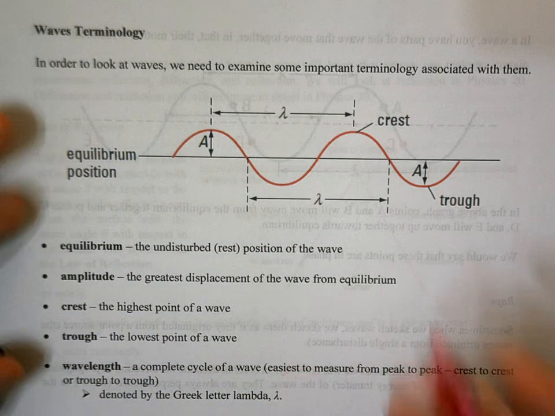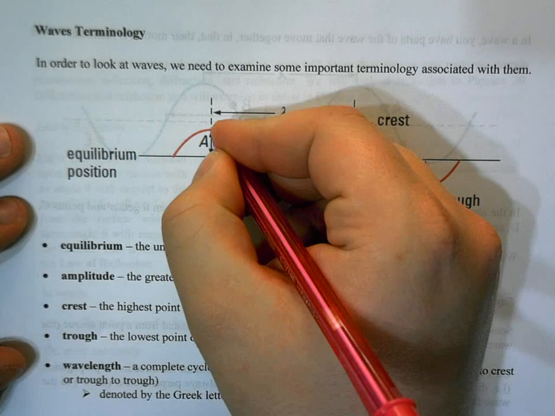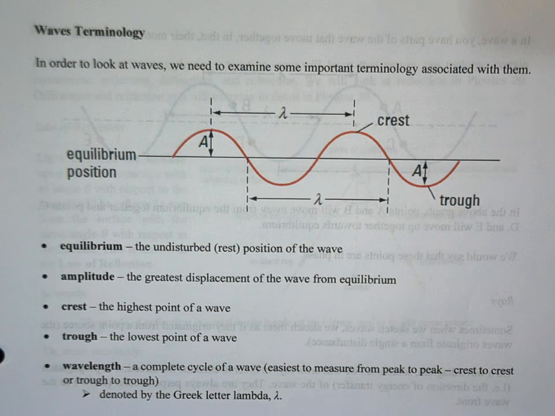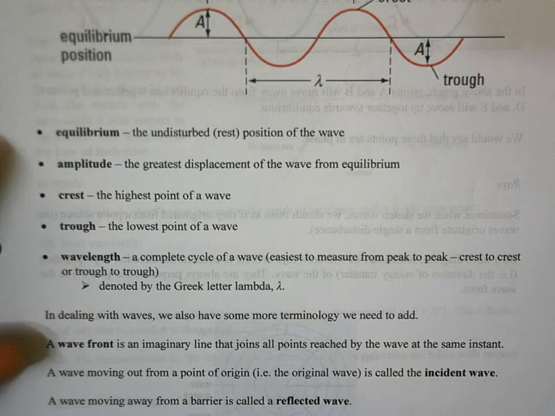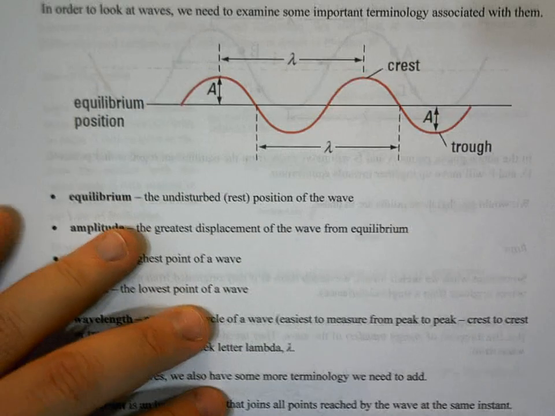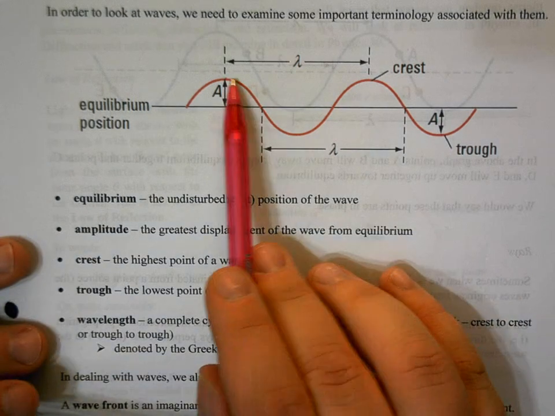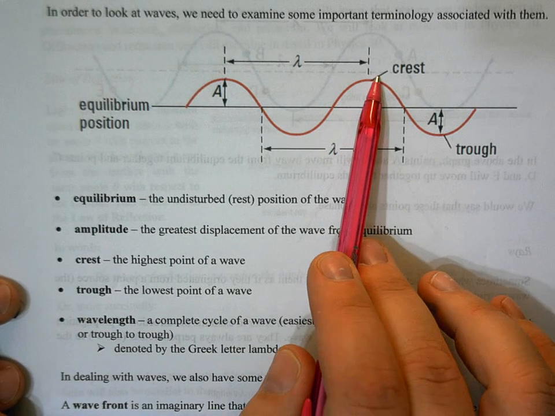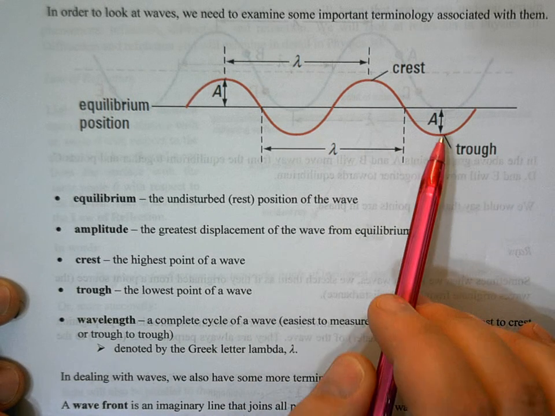Our highest point of the wave, at this point here, is referred to as a crest. The lowest point is referred to as a trough. The big one that you want to know about is the wavelength. The wavelength represents a complete cycle of the wave. The easiest way to deal with that is to go from one crest to the next crest, or one trough to the next trough.